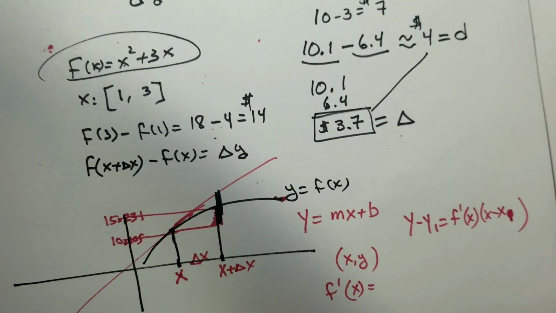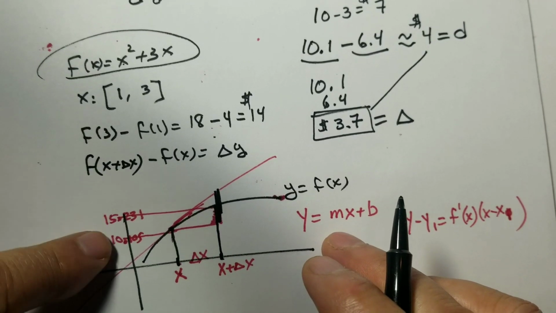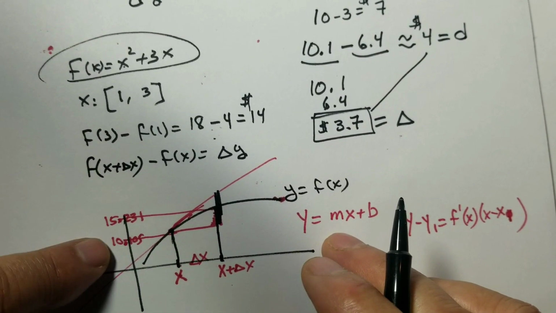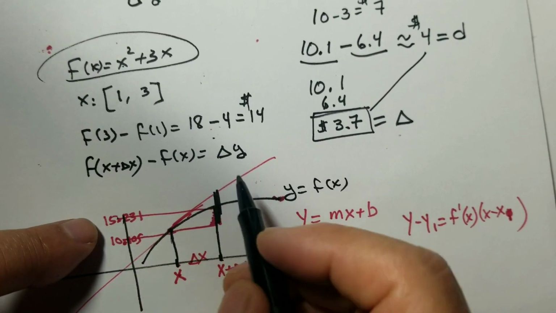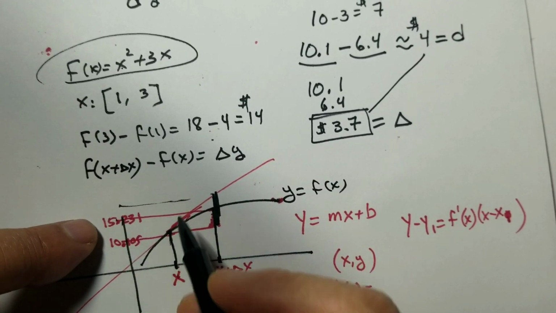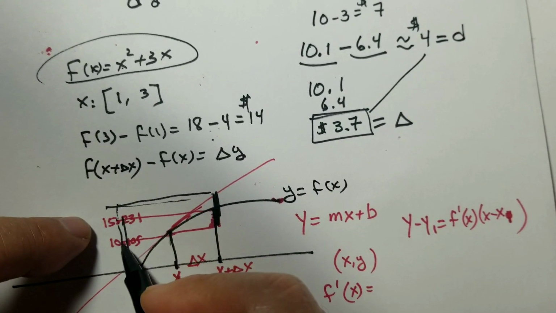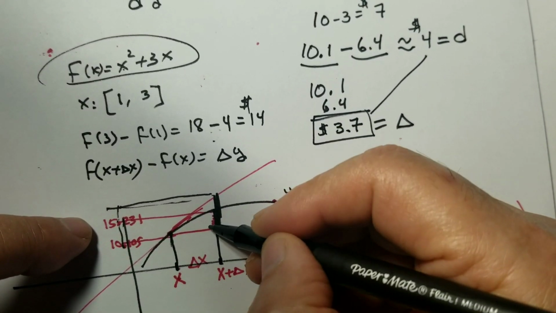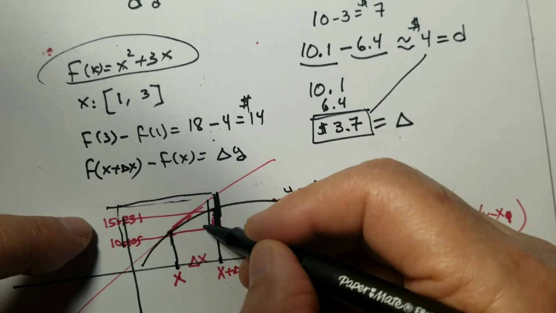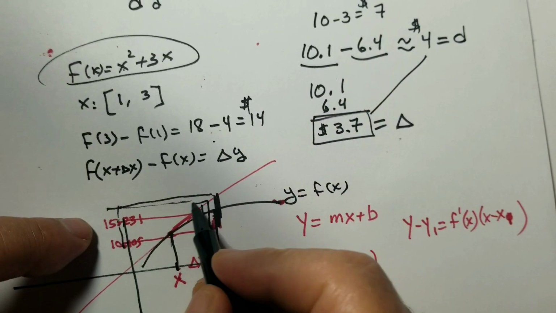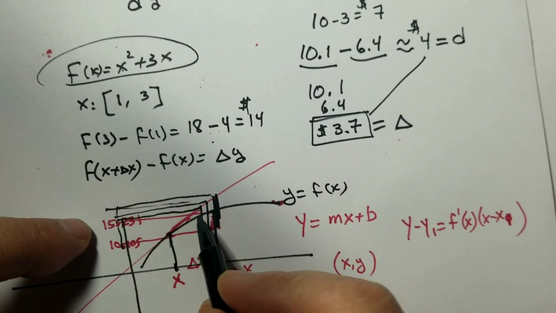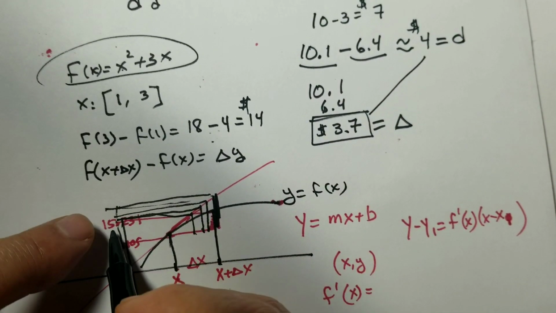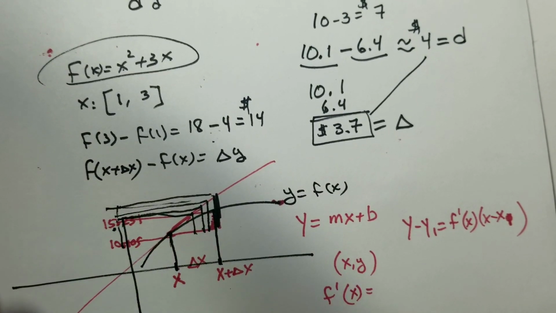But somebody said, man, you really overestimate, because instead of coming up to this point, you went up to that point. And that became my change. I said, I know, I overestimate. But what happens if that delta x approaches 0? That number is really approaching the exact.